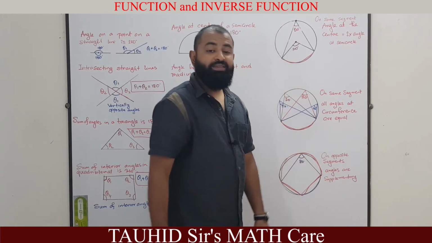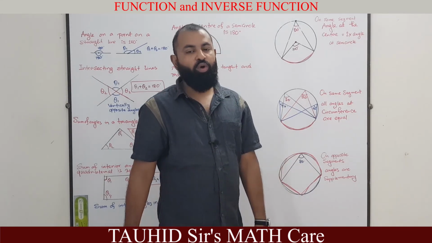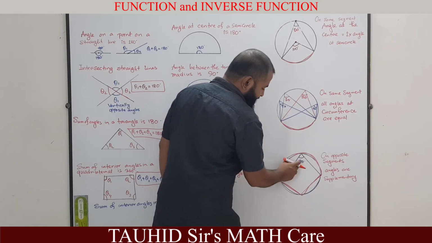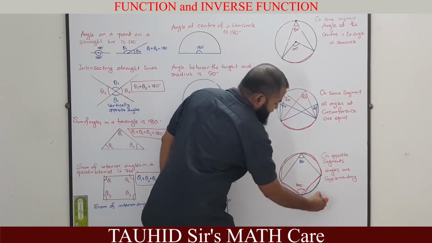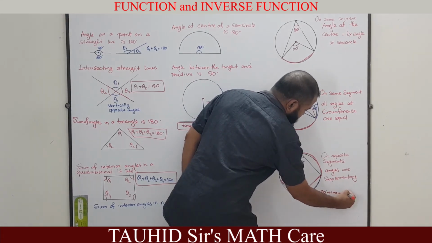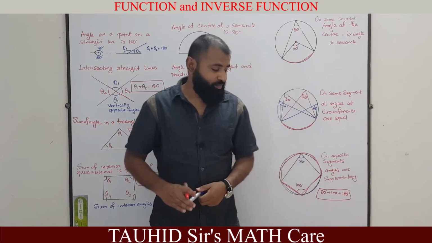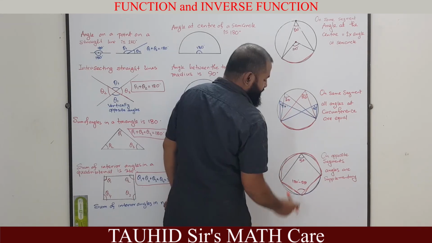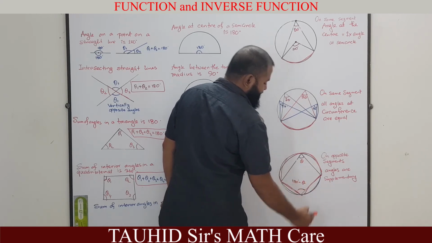This angle and this angle are supplementary, that means this plus this will make 180. That means if this angle is 80 degrees, this angle will be 100 degrees, so that 80 plus 100 is 180. On opposite segments, the angles are supplementary. If I say this angle is theta, this angle will be 180 minus theta.